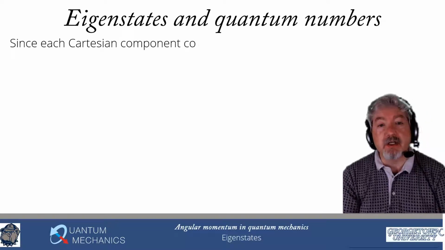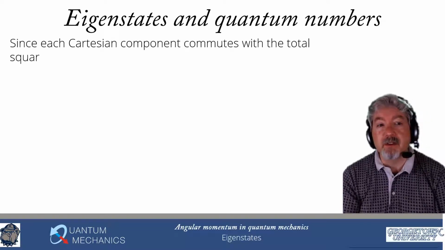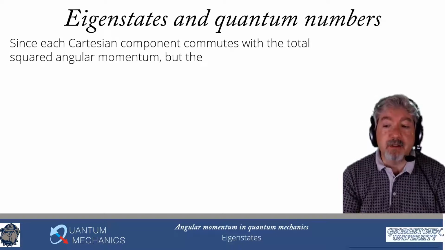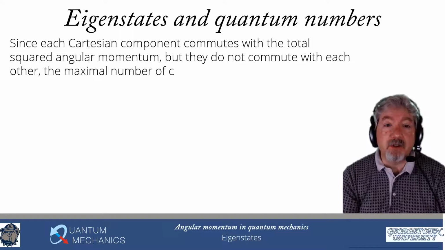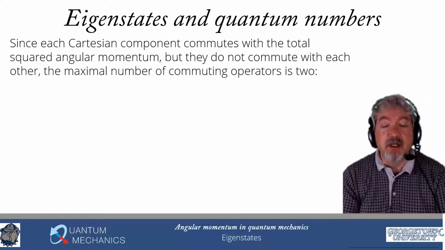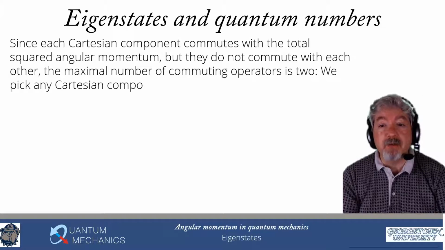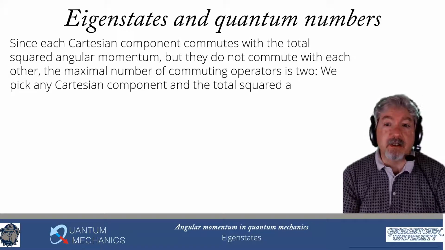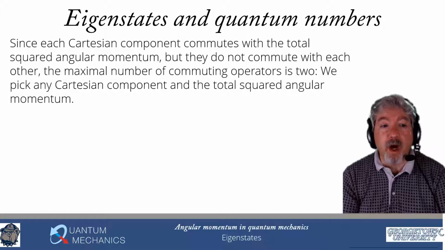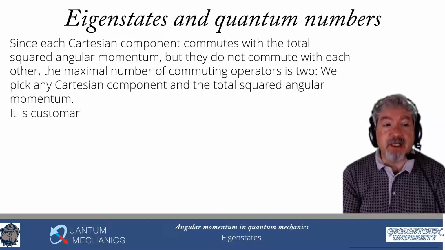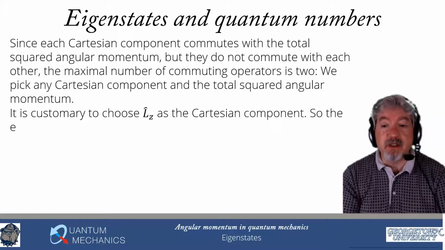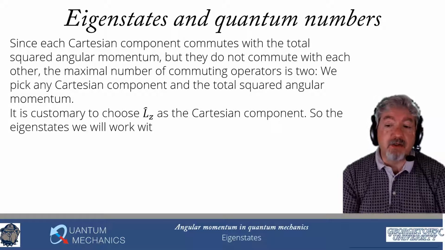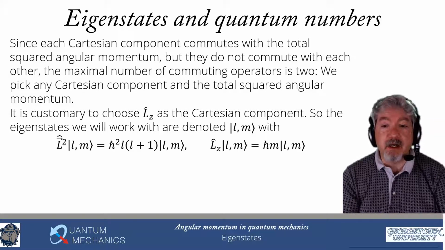Now, since each Cartesian component commutes with the total squared angular momentum, that was something we established in the first lecture, but each Cartesian component does not commute with each other, the maximal number of commuting operators is 2. We take the total squared angular momentum and we take one of those Cartesian components. It is standard to take the z component as the one Cartesian component and then the total angular momentum squared as the other operator.